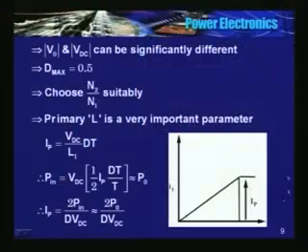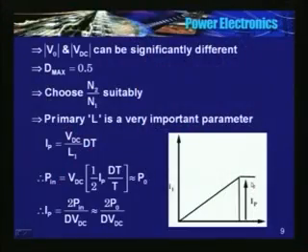Mind you, though it may be a transformer, only one winding is carrying current at a time. Another important parameter is the primary inductance L1. Why? We will see here.